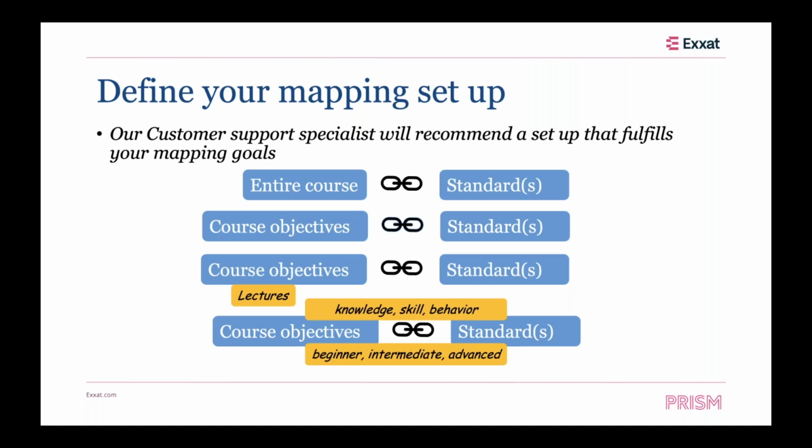And our system will even support this level of granularity. So it's a highly flexible tool. Depending on your needs, we can customize the mapping setup, which will be able to give you those kinds of granular reports or bird's eye reports.